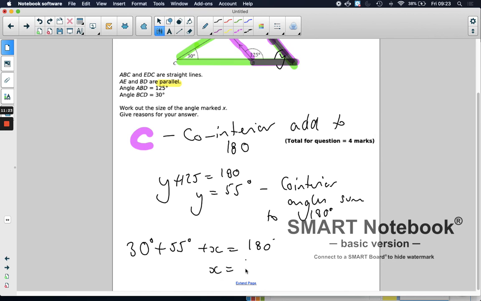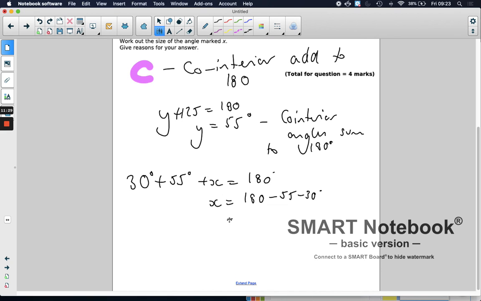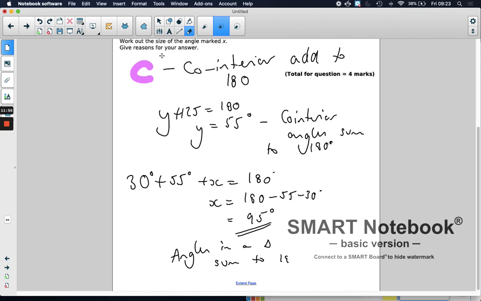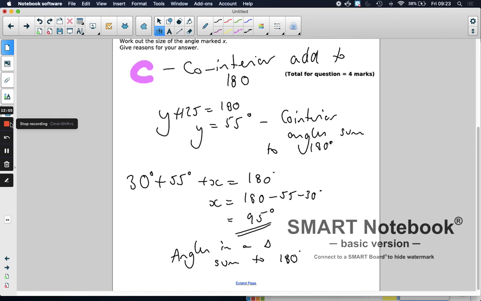So x is going to be 180 minus 55 minus 30, which is 95 degrees. That is because angles in a triangle sum to 180 degrees. Once we've done that, we're sorted. Got the answer, all 4 marks. Any questions, let me know, but that is the run through for this week's exam pack.